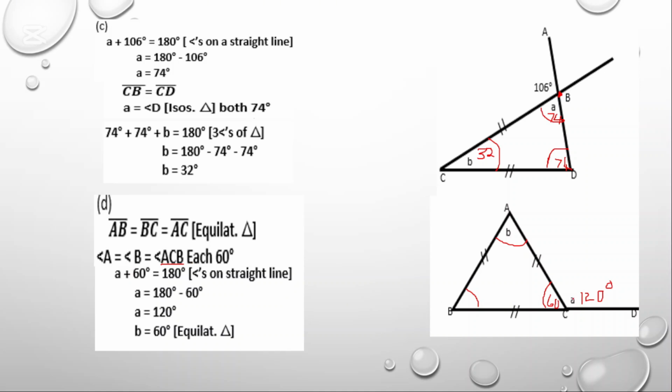And I say A plus 60, which means A plus ACB is equal to 180. Angles on a straight line. And A is equal to 180 minus 60 degrees. A is equal to 120. And, of course, B is equal to 60 degrees, equilateral triangle.